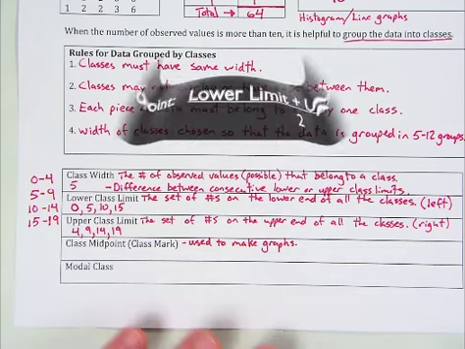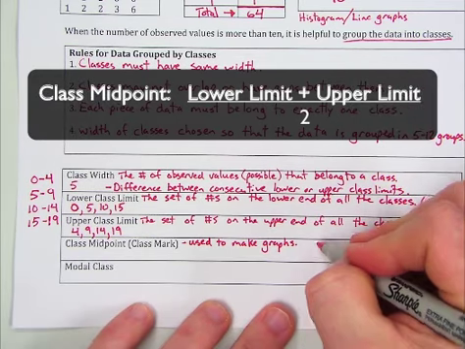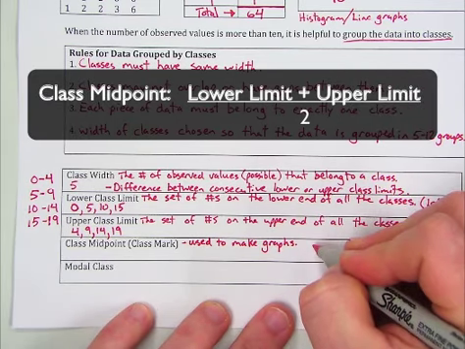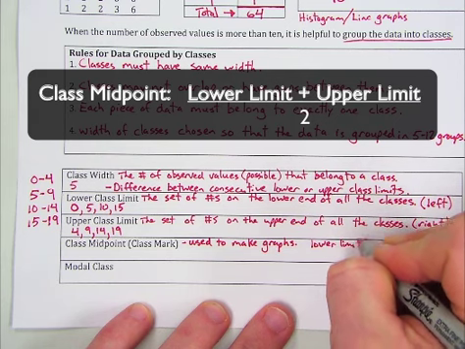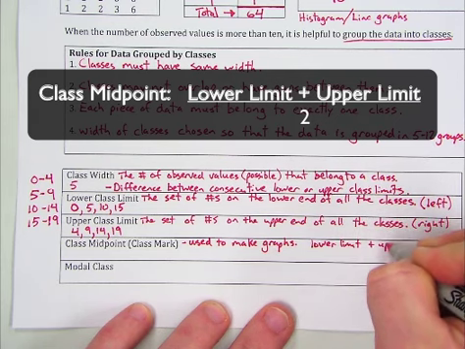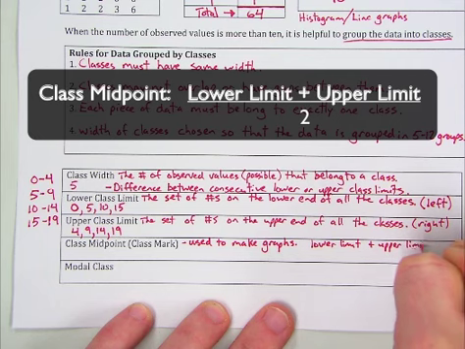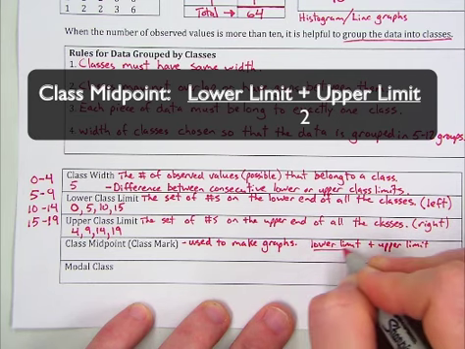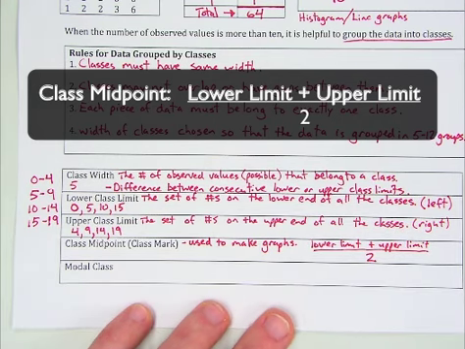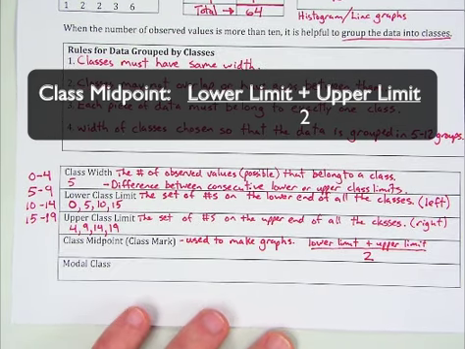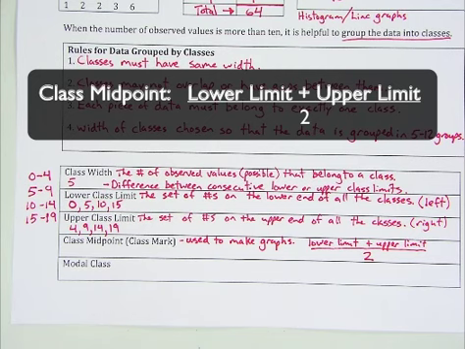So it's the middle of a class, and to be able to find this, you actually take the lower limit plus the upper limit, and then you divide it by 2. So it's a very simple average of the two limits there.